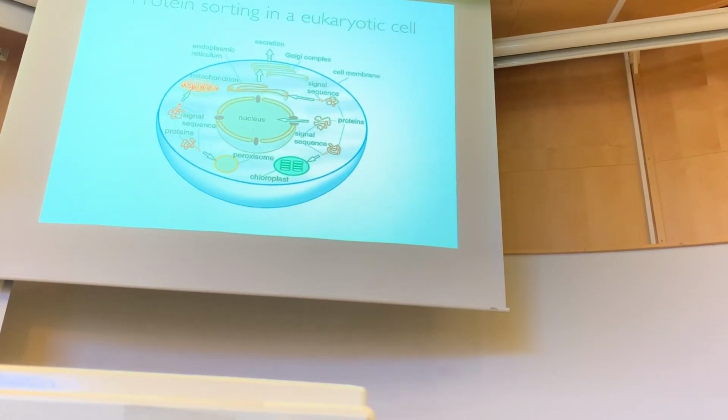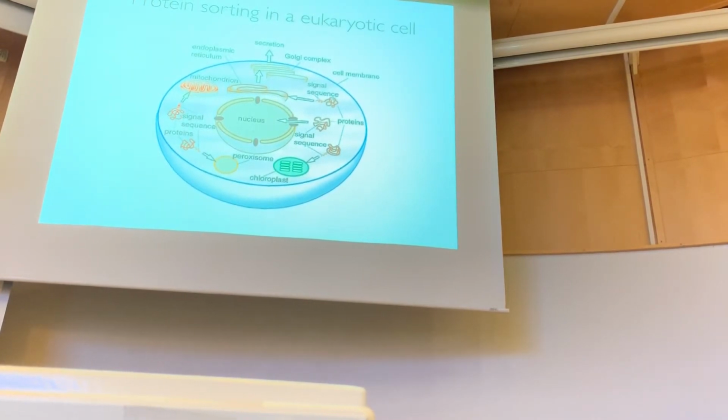So the initial targeting event is to target the protein to the endoplasmic reticulum. It gets translocated across the membrane of this organelle into the lumen, and from there it's eventually exported through vesicular transport through the Golgi apparatus to the plasma membrane and eventually secreted from the cell. So that is one targeting pathway, which is specific to extracellular proteins. This is how they're routed.